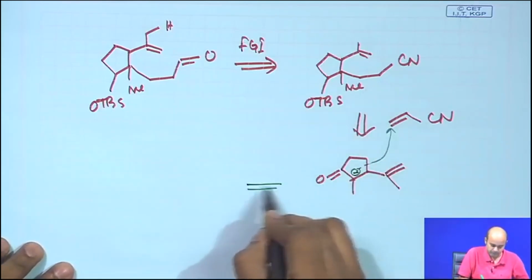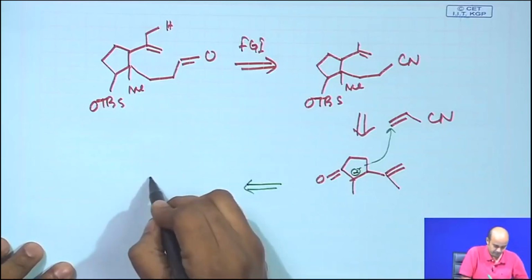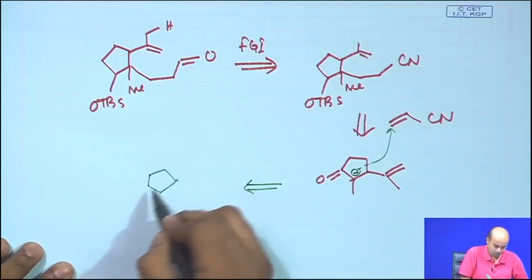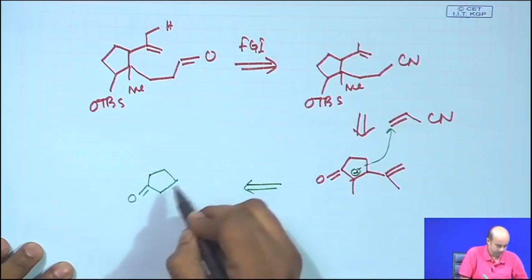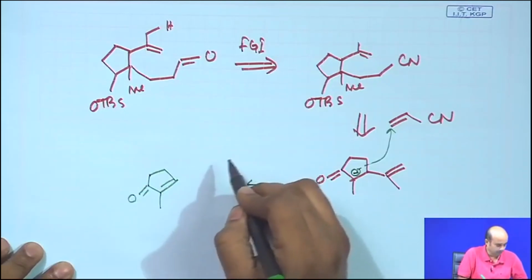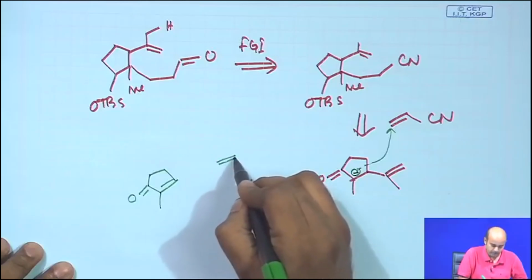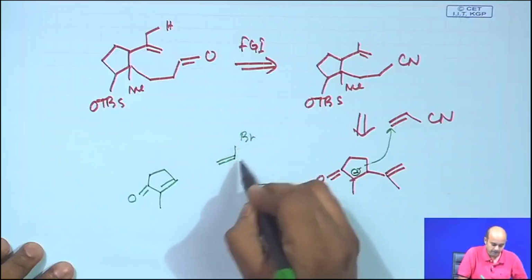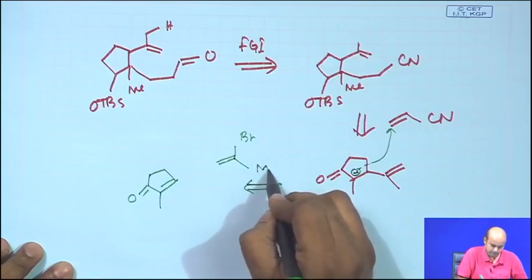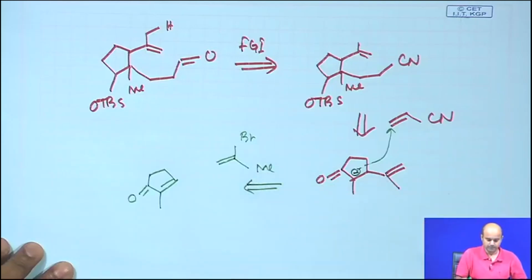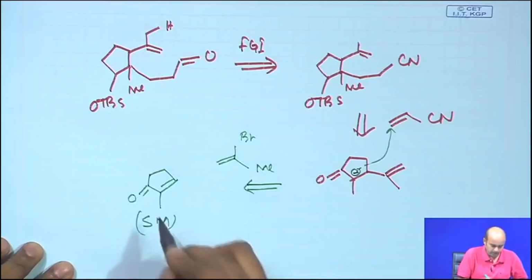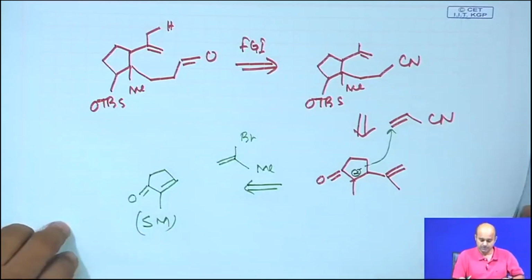Now, you can simplify it to a cyclopentenone based starting material, which is this, and you can think about doing a simple Gilman reaction to put this methyl group. So, this is your starting material, an absolutely easy starting material, commercially available.